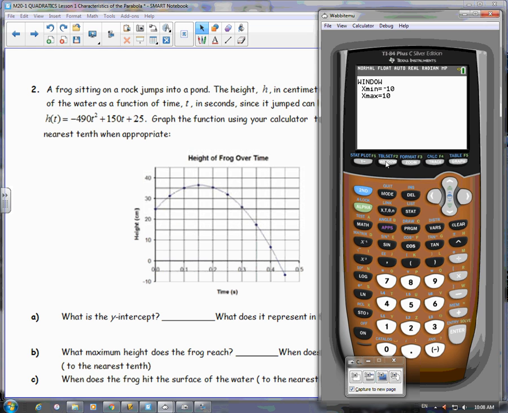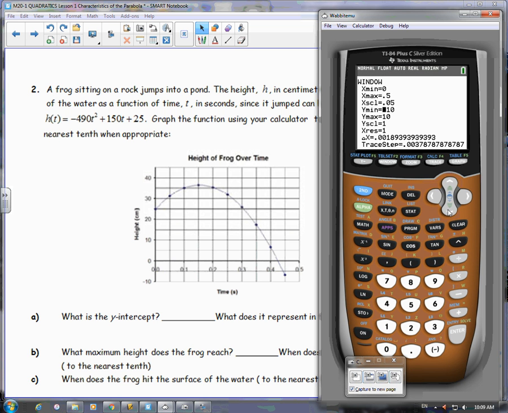Okay, so the window settings: x goes from 0 up to 0.5 seconds, because obviously frogs are quick. So x, I'm going to go from 0 to 0.5. And if I want mine to be as close to theirs as possible, then for the x scale, I'm going to use 0.05, right? Because I see 0, I see 0.1, I see 0.2, so the other line in between there is 0.05.